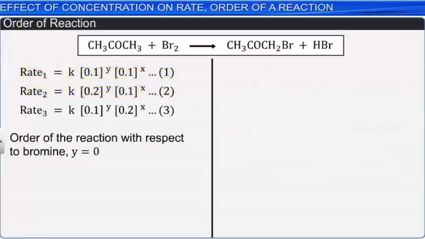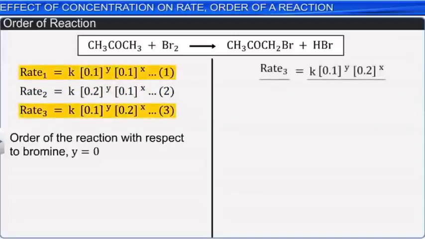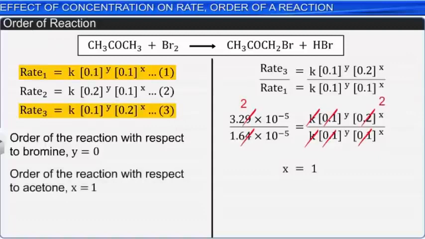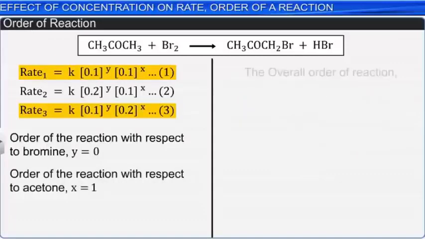Similarly, we can calculate the value of X by dividing equation 3 by 1. We get X as 1, which gives the order of the reaction with respect to acetone as 1. The overall order of the reaction is therefore 1 plus 0, which is 1.